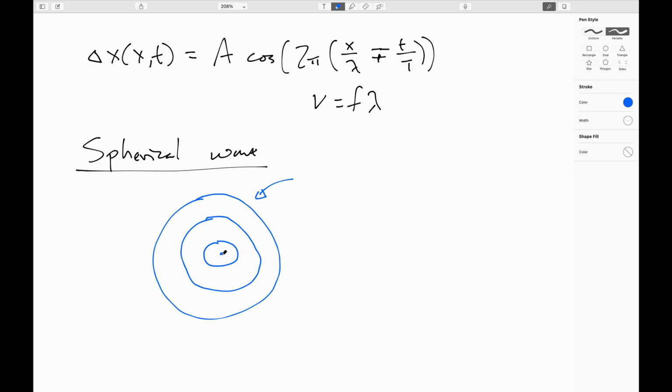So this dot right here is the source. It's currently emanating a crest. These are subsequent crests propagating along. And we say that these compressions, these displacement crests, are shaped as spherical shells.